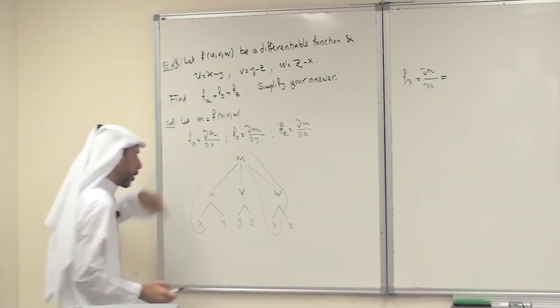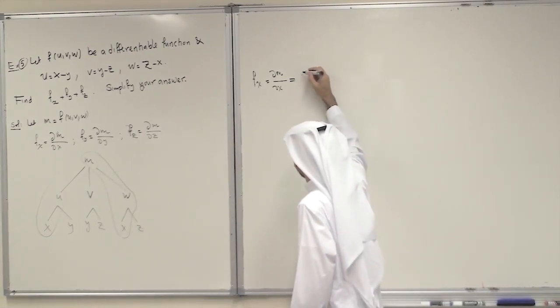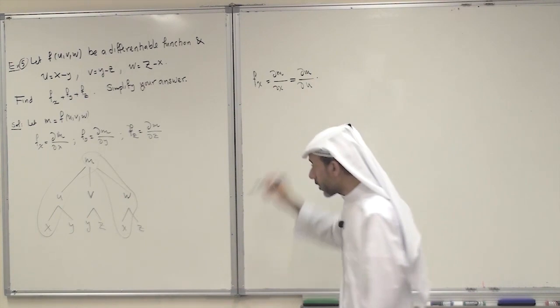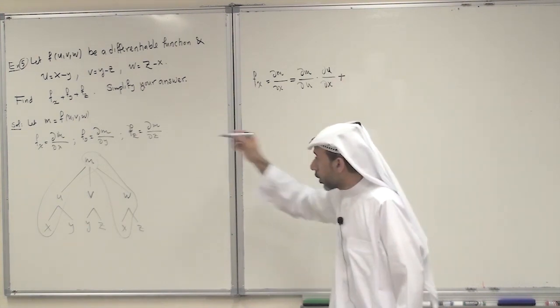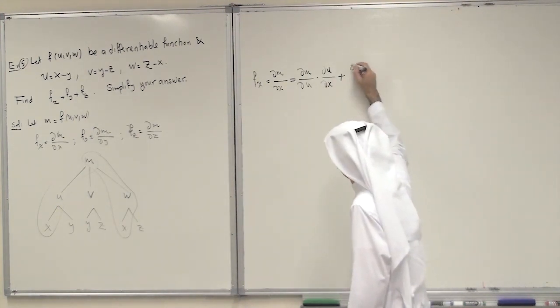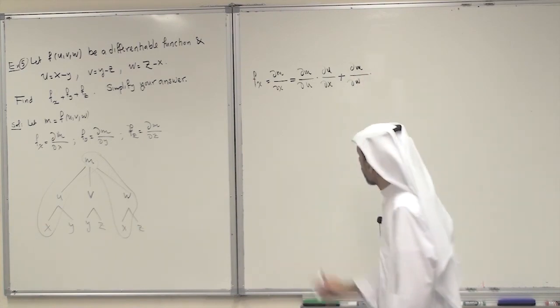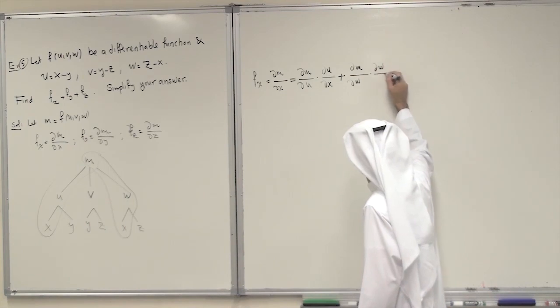So it is partial m, partial u times partial u, partial x, plus partial m, partial w, times partial w, partial x.